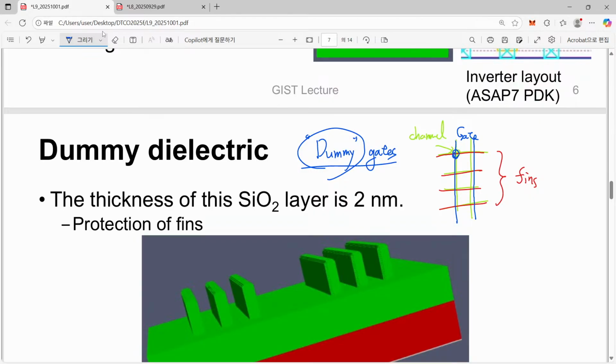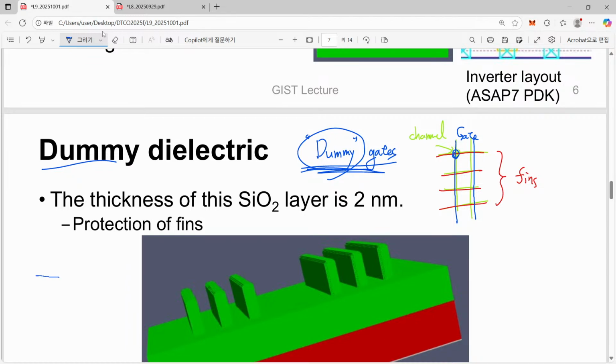The standard way is to first introduce a dummy gate, which will eventually be eliminated. This is important: together with the dummy gate we will have a dummy dielectric. They are pairs, and these dummy gates will be removed later on. The only reason we introduce the dummy gate is to define the gate.